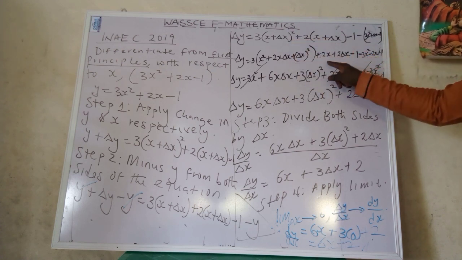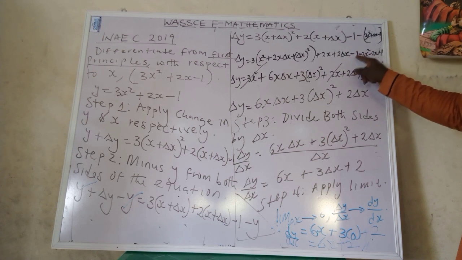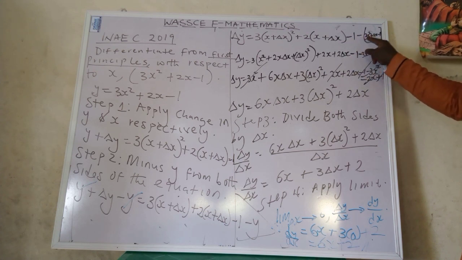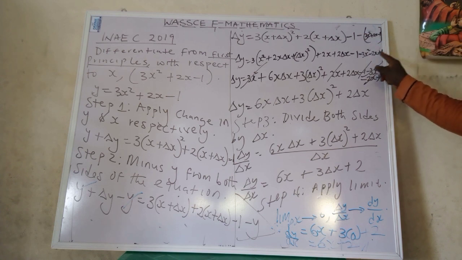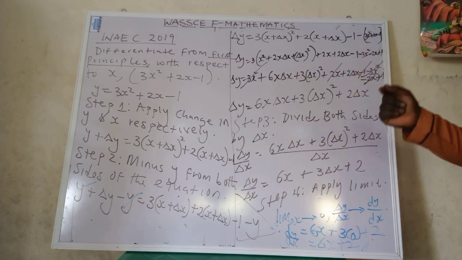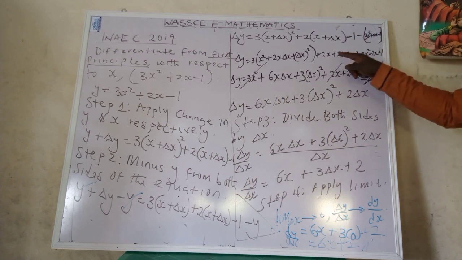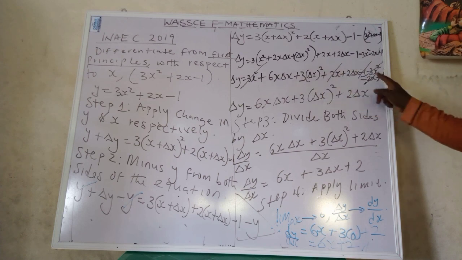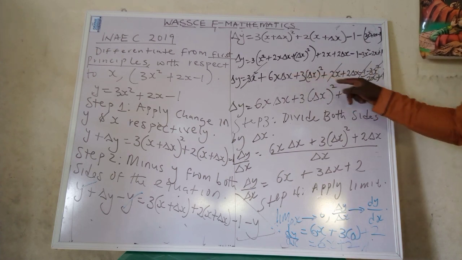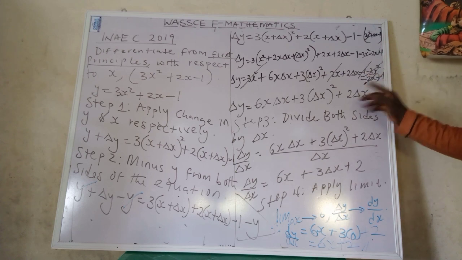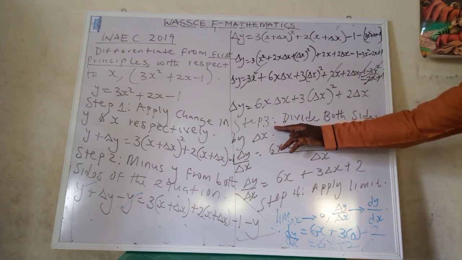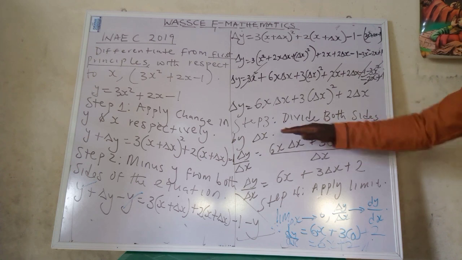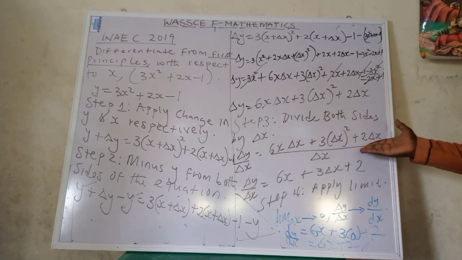We have this times this. And then we have here, open the bracket, minus times this, minus times this, minus times minus is plus. And then we saw some similar terms that we could cancel out, and we did just that. This cancelled out this, the minus 1 cancelled plus 1, and that's how we arrived here. And then step 3, divide both sides by change in x, and that's how we got here.